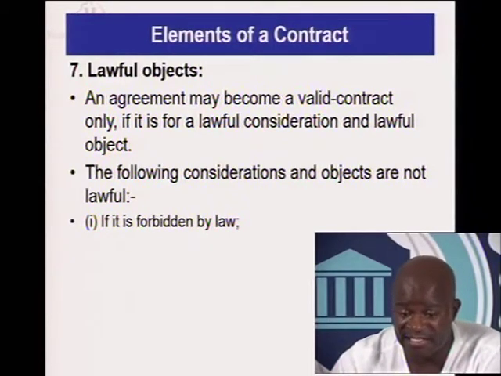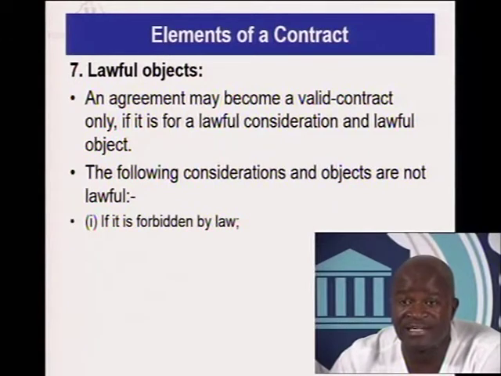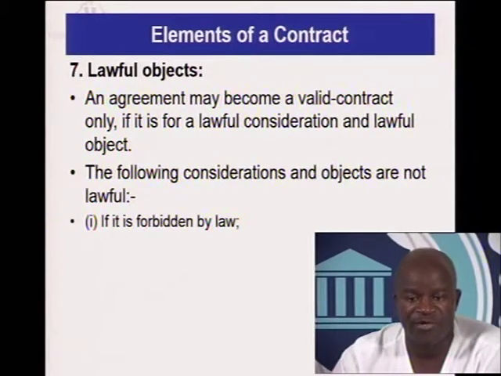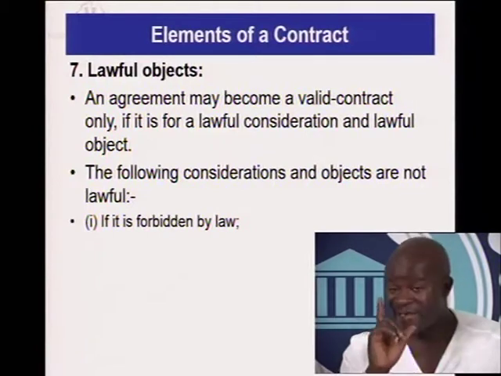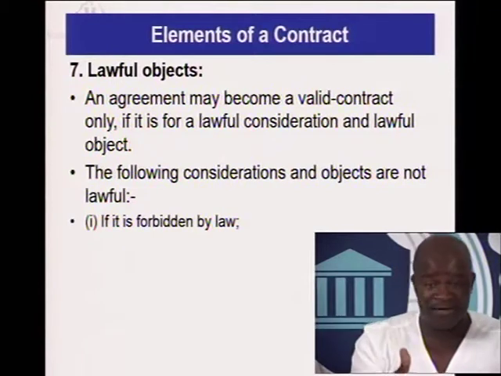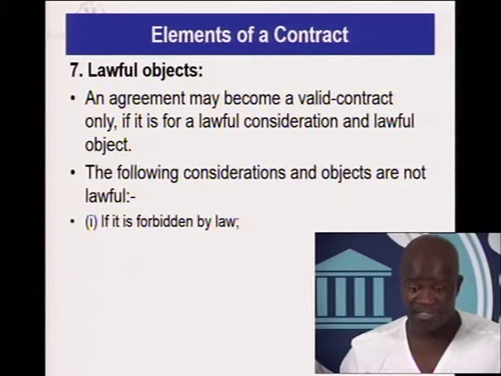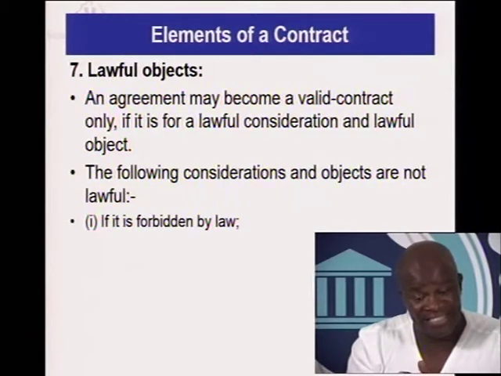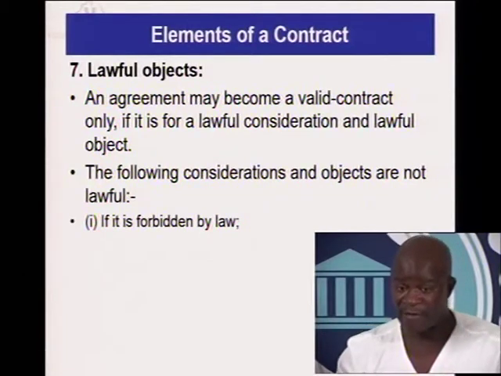If the other client, one of the parties, fails to pay the agreed amount, you cannot approach the courts. One, the element of legal intention is missing here. Yes, there was offer and acceptance. Yes, it was there. The intention to be legally bound, it's not there. That's where the problem begins.